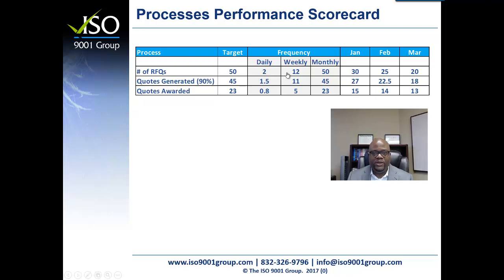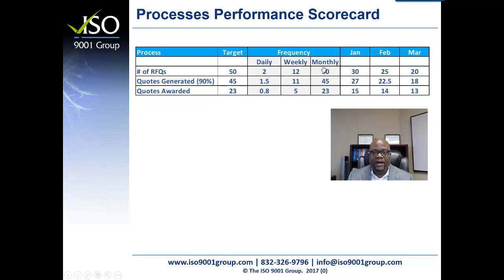On a weekly basis we need to have 12 so that we can end up with 50 at the end of the month. So I'm a big believer in breaking your target down so that we can make adjustments throughout the month or throughout the week so that we can have a better opportunity of actually reaching the target. But without having a KPI, I would not be able to do that.